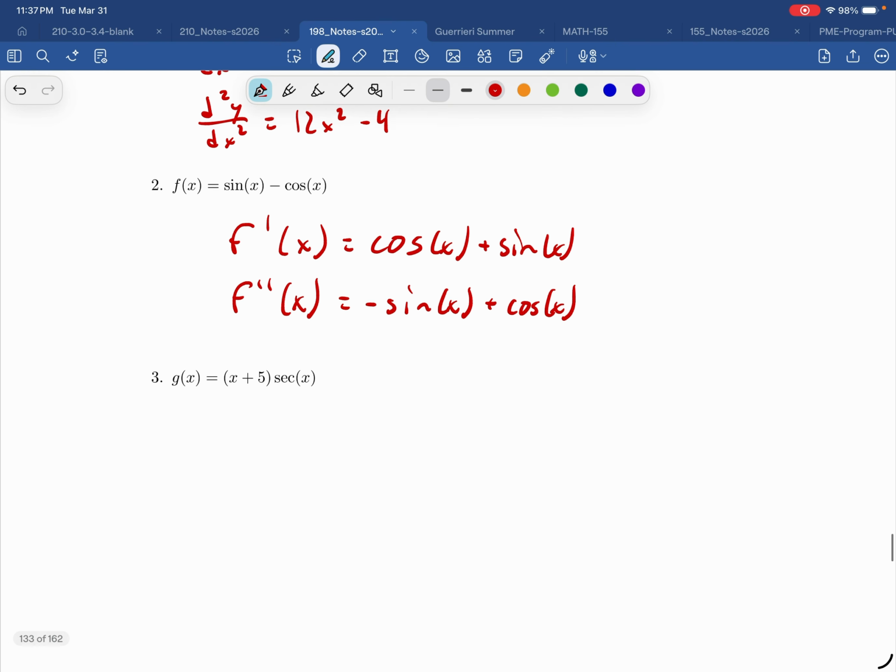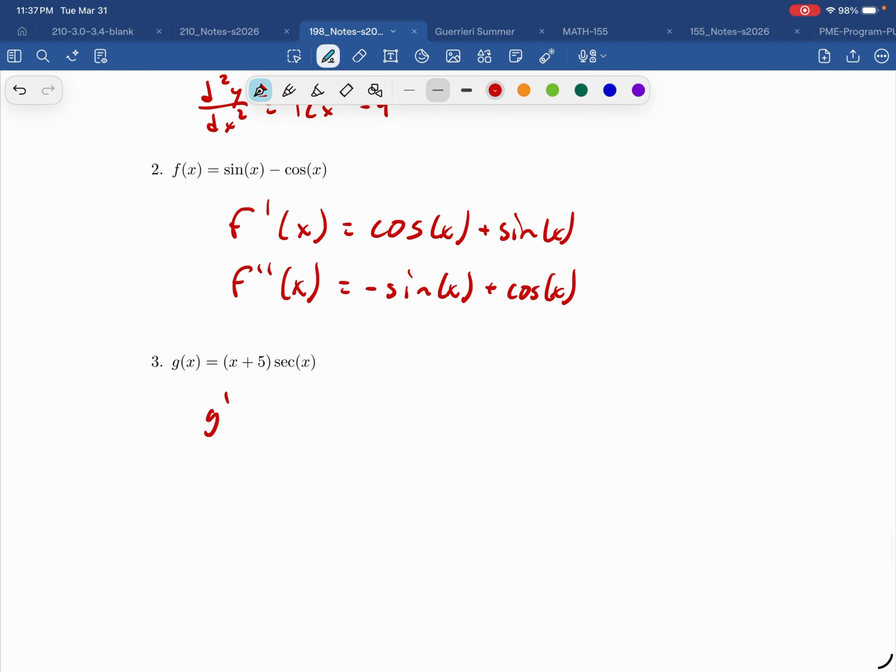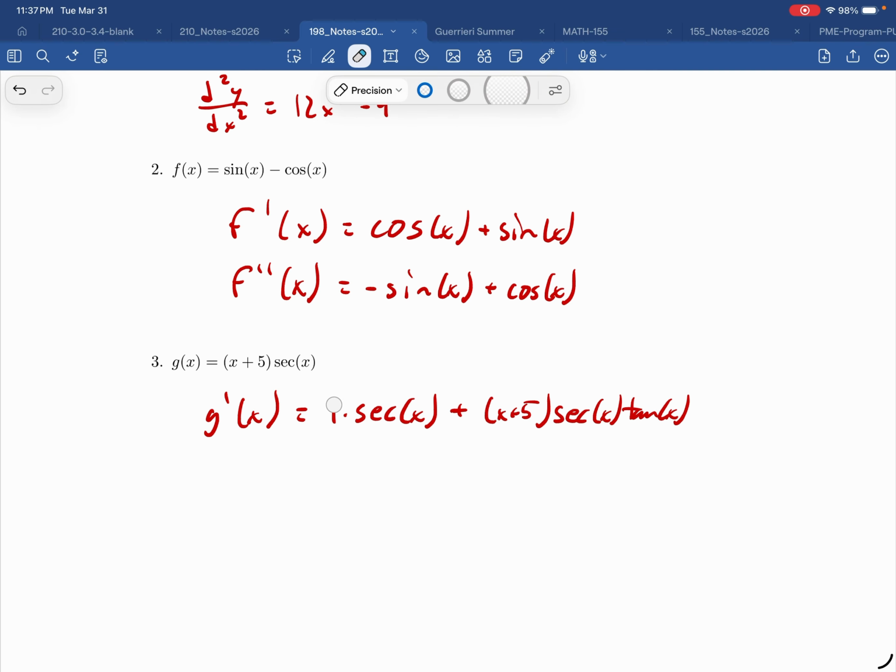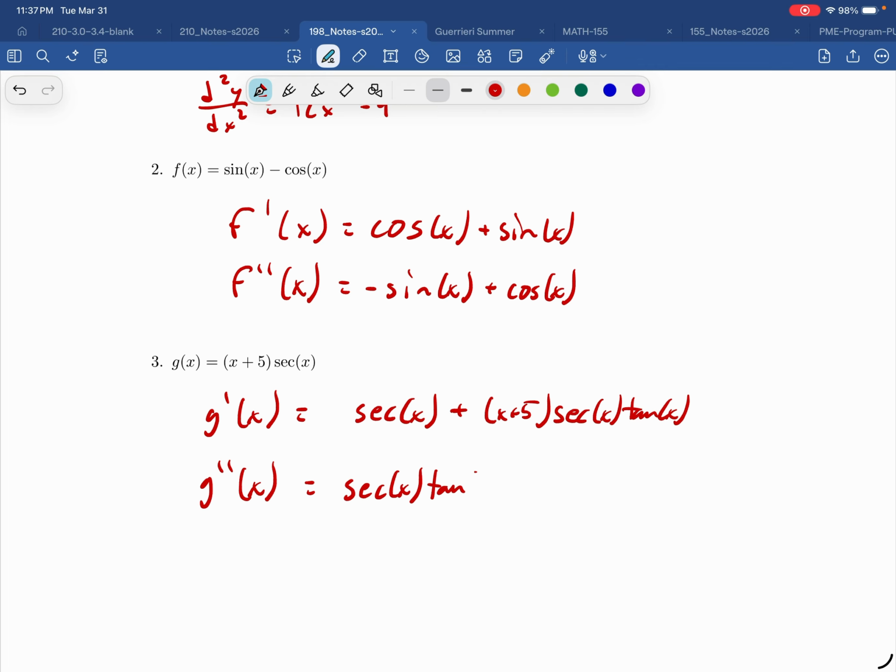And then sometimes if you have something nasty like a product, the second derivative gets a little yucky. Here we have a product rule. We have secant of x plus x plus 5 times secant of x tangent of x. To take the second derivative, the derivative of the derivative, nothing terrible, but we have a double product rule.